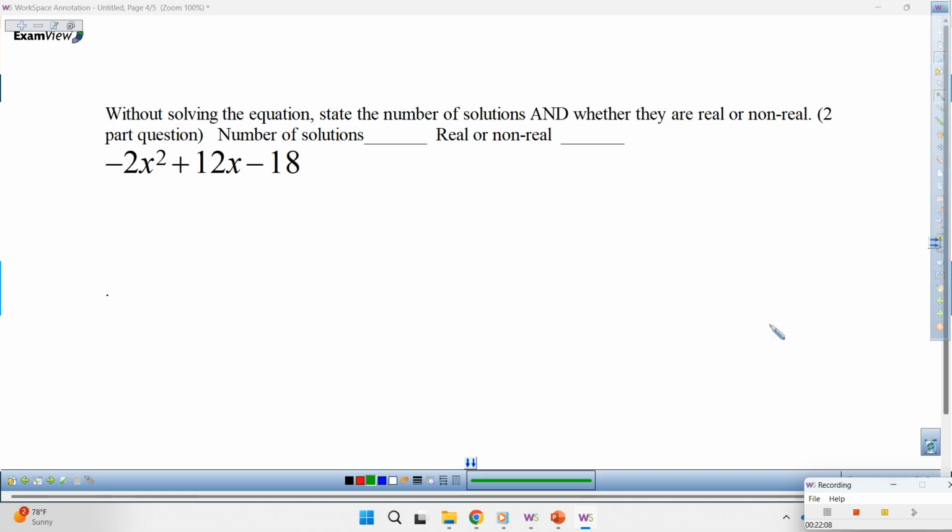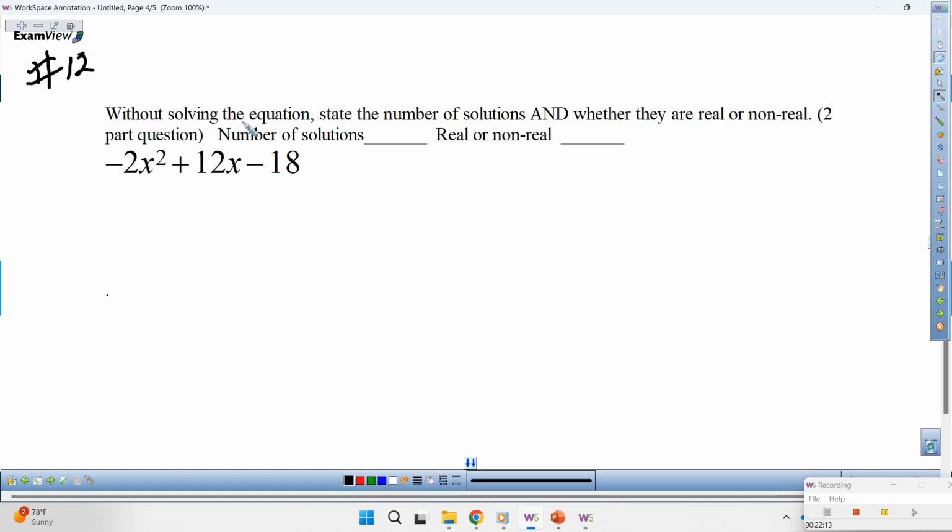All right, let's go to number 12. Write this equation down. So write negative 2x squared plus 12x minus 18.